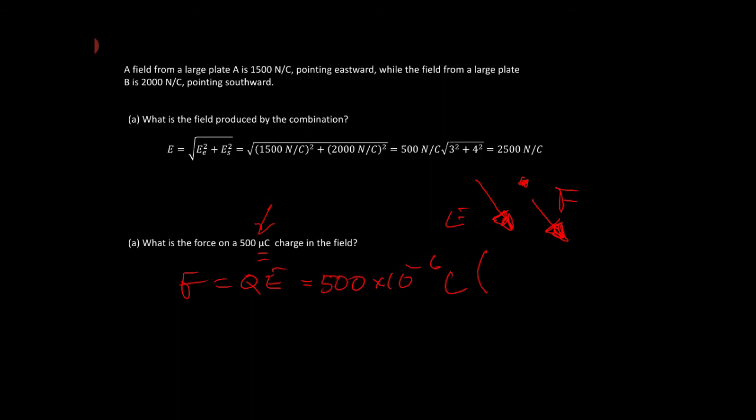And then we multiply by E, which is 2,500 newtons per coulomb. Obviously, the coulombs cancel. I can turn this to 2.5 and get rid of 3 of those.